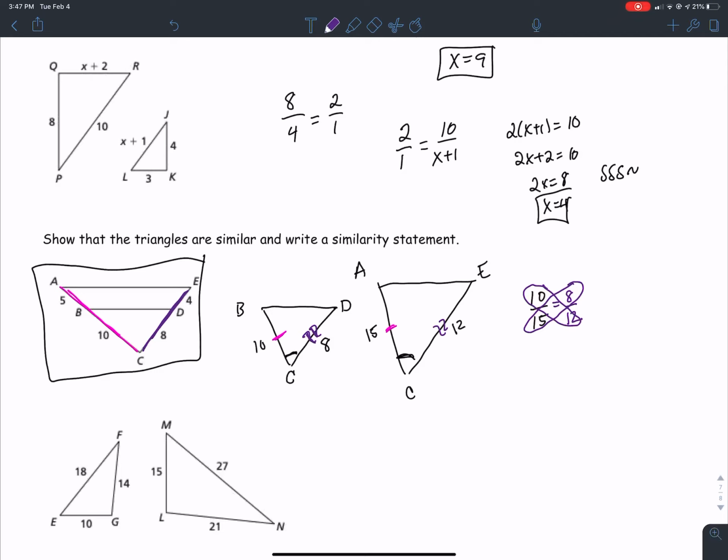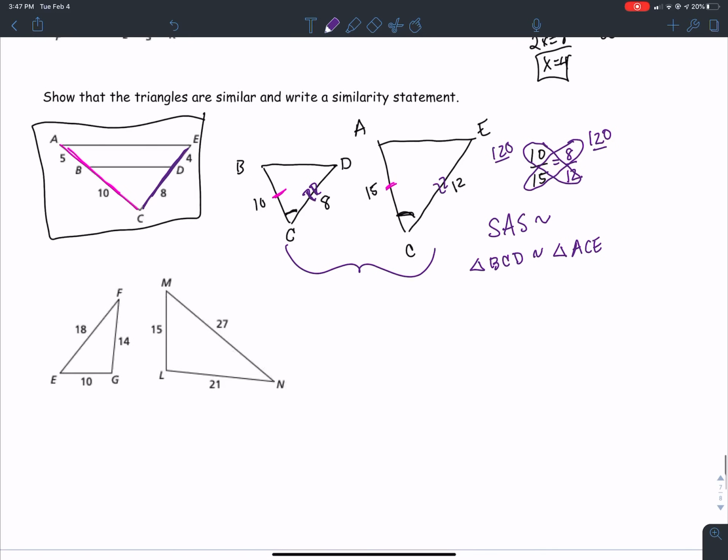So 10 times 12 is 120, and 15 times 8 is 120. Since those are equal, I can say that these triangles are similar by side-angle-side, and I can say that triangle BCD is similar to triangle ACE.